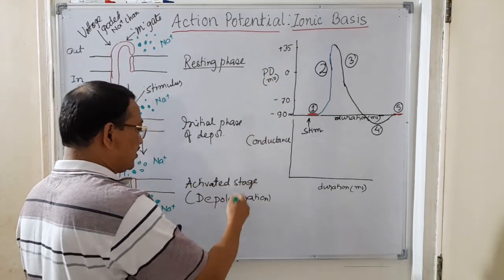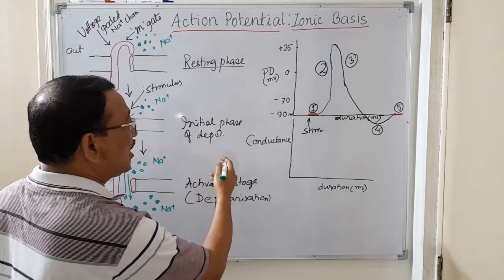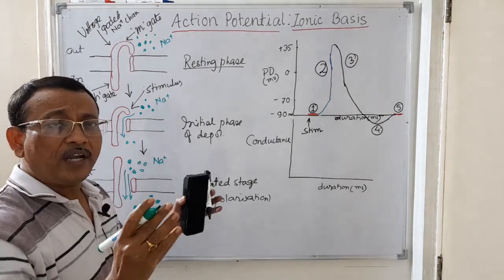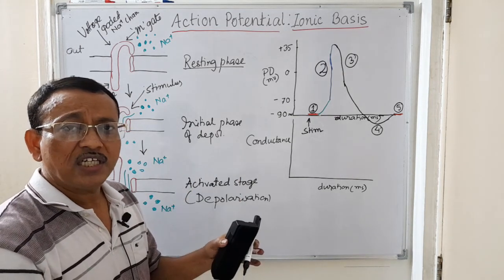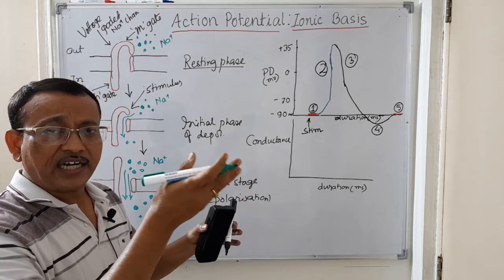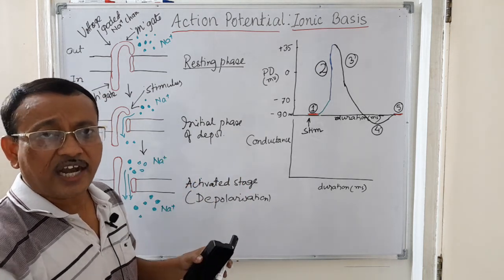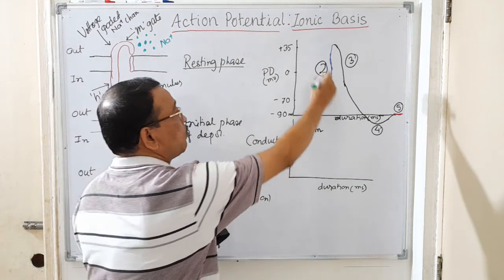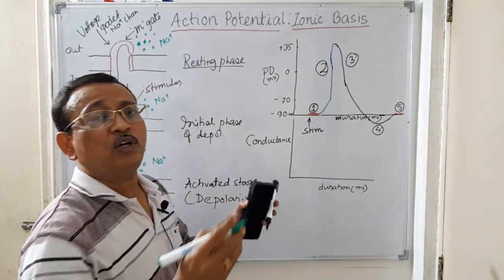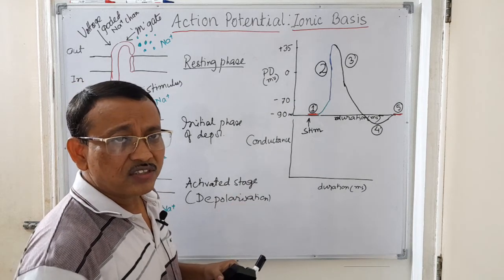So this depolarization phase is basically because of the opening of the voltage gated sodium channels, through which sodium ions enter inside due to concentration gradient. That means this depolarization is basically because of the sodium conductance.